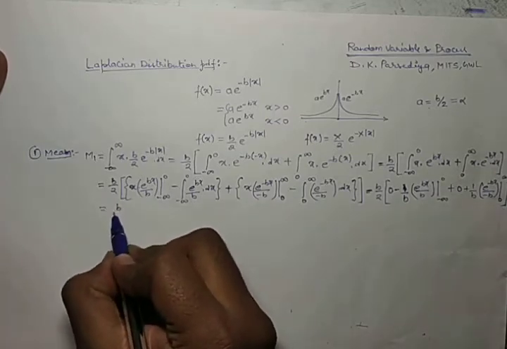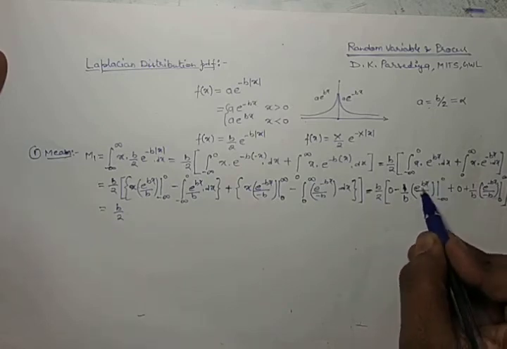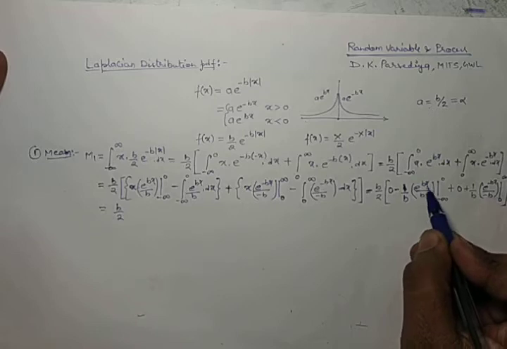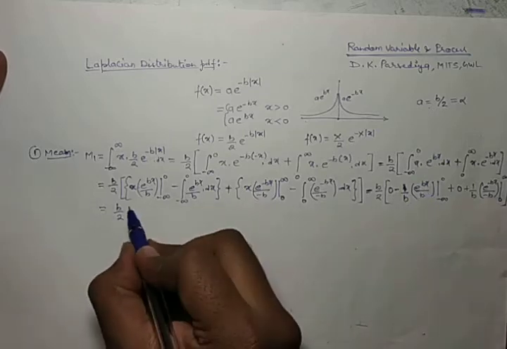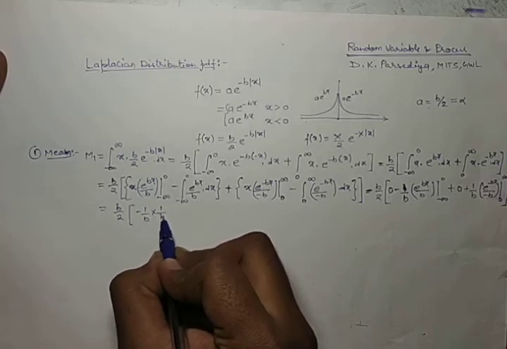So now b by 2. Now if I substitute this limit, for the upper limit it is 1 by b, and for the lower limit it is 0. So I have minus 1 by b multiplied by 1 by b.